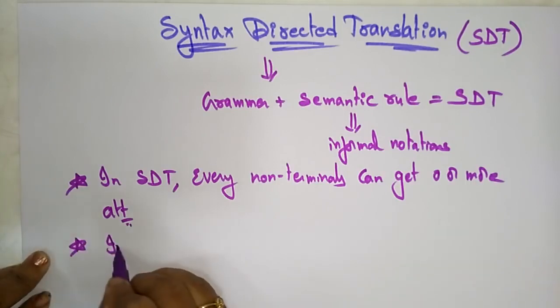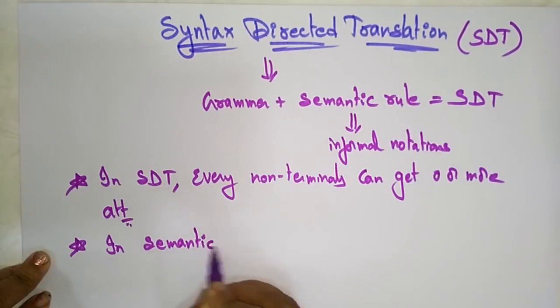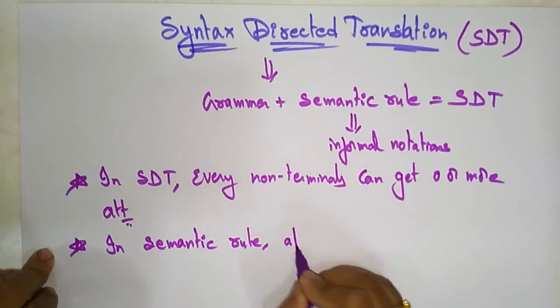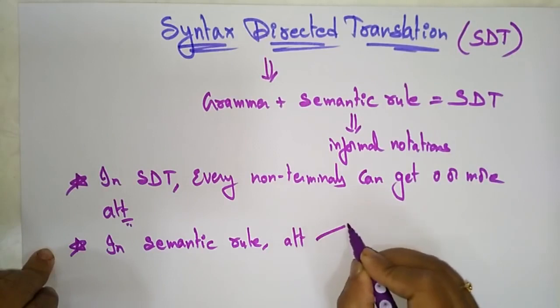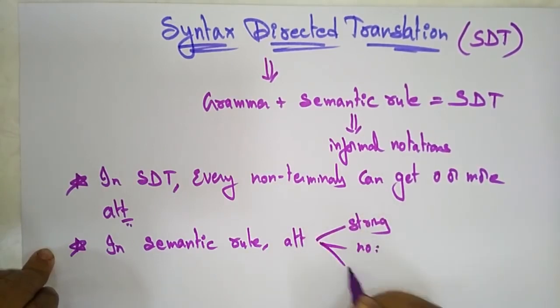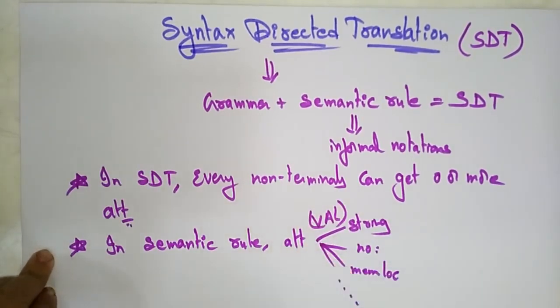In semantic rules, an attribute is a value and can hold a string, numbers or memory locations, whatever it may be. We represent the attribute as a val.